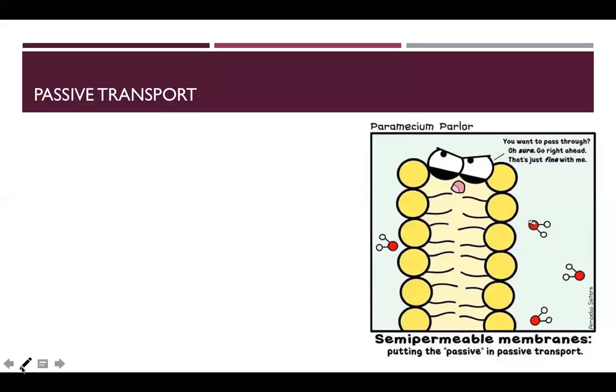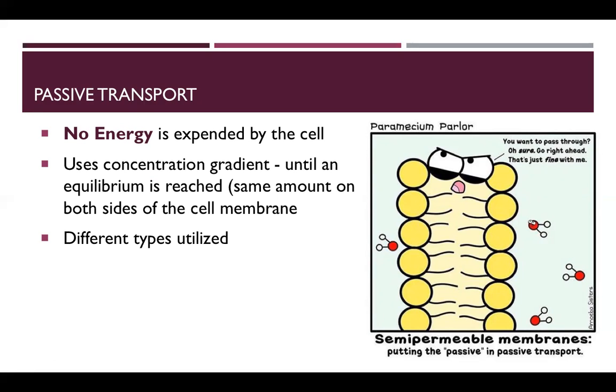So passive transport, as we've seen, takes no energy. It uses a concentration gradient. A concentration gradient is when there's a difference between two parts.